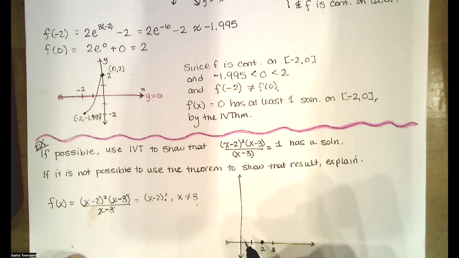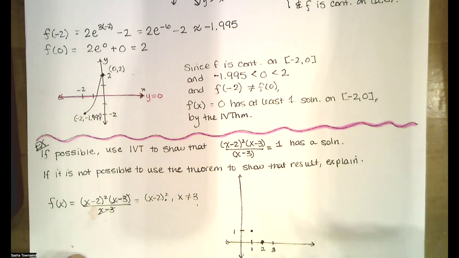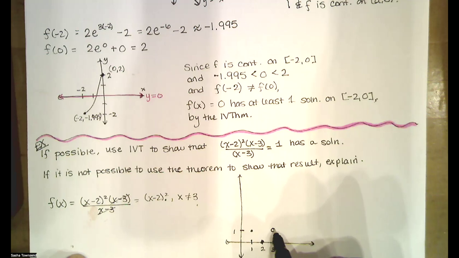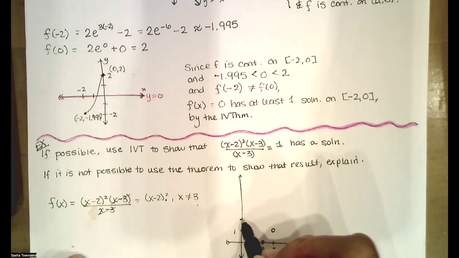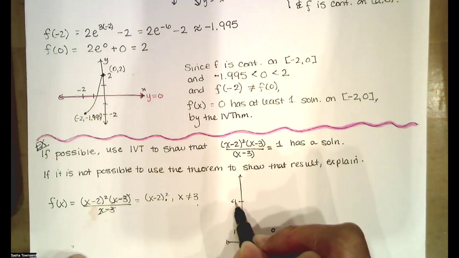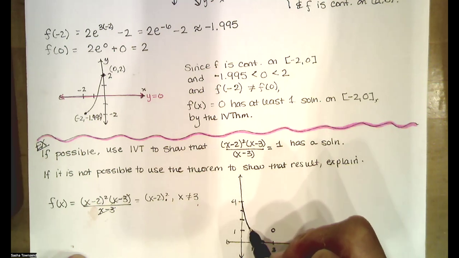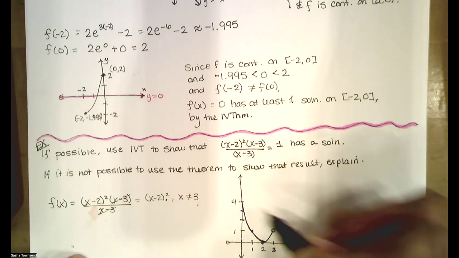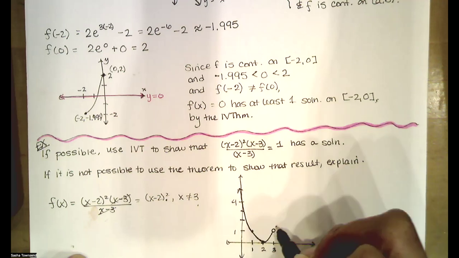At x equals 1, our y value would be 1 minus 2 is -1, -1 squared is 1. And at x equals 3, the y value would be 1, but it's not 1 because x equals 3. The function's not continuous there, it's not defined. So we're going to have an open circle there, and our graph looks like this. It's just a parabola with a hole in it at x equals 3.